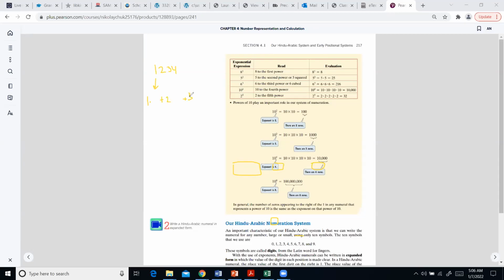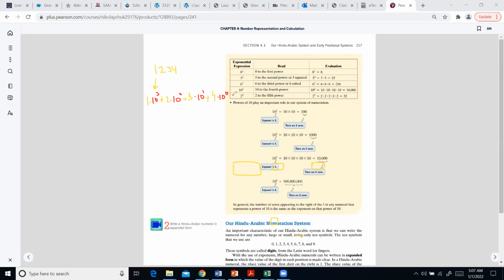So the number 1234 is nothing but 1 multiplied by 10 to the power of 3. Then I have 2 multiplied by 10 squared, 3 multiplied by 10 raised to the power of 1, and 4 multiplied by 10 raised to the power of 0.